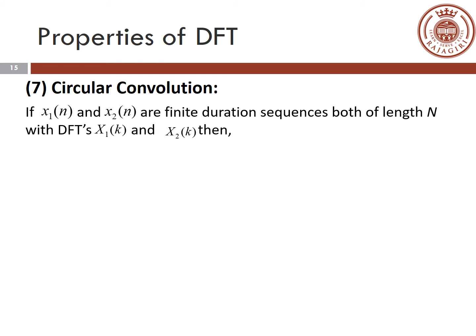At the end you will have both sequences of the same length capital N, and their DFTs are X1 of k and X2 of k. The circular convolution property tells you that the DFT of the circular convolution of x1 and x2 is going to be the product of the individual DFTs.